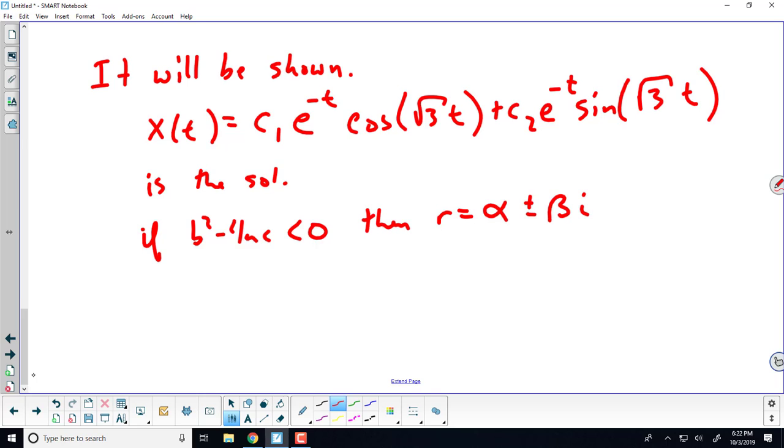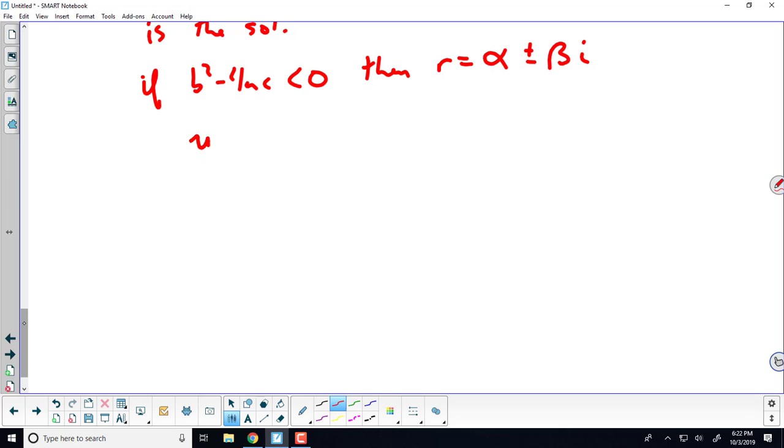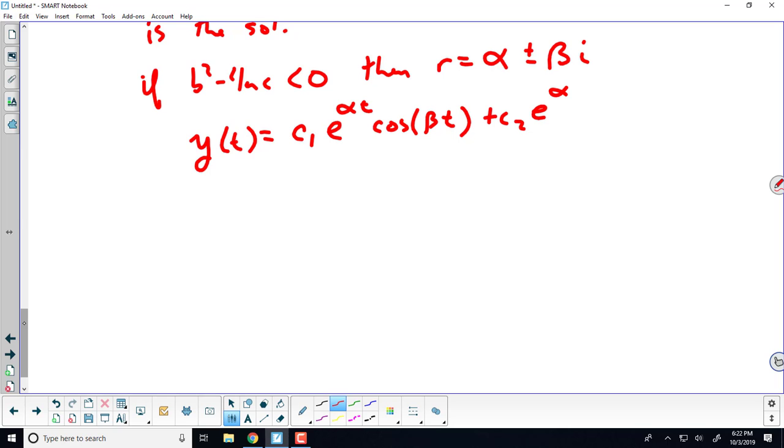If that's the case, and we're going to show this, that'll be the last thing we do, then y of t equals c1 e to the alpha t cosine beta t plus c2 e to the alpha t sine beta t is the general solution. This is by far the most complicated case. You've got complex roots to your characteristic equation.